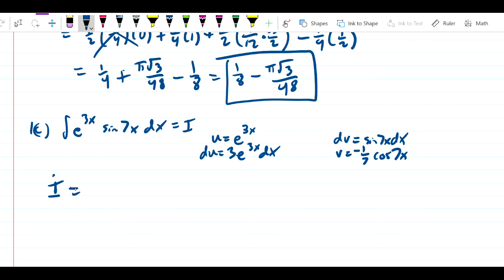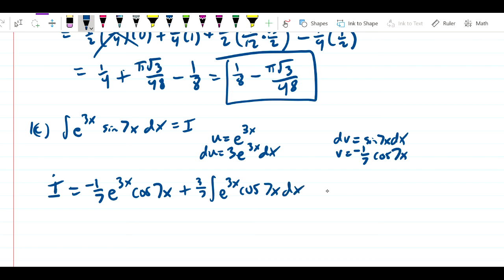So I is equal to negative 1/7 e to the 3x cosine 7x, and then plus 3/7 integral of e to the 3x cosine 7x dx.